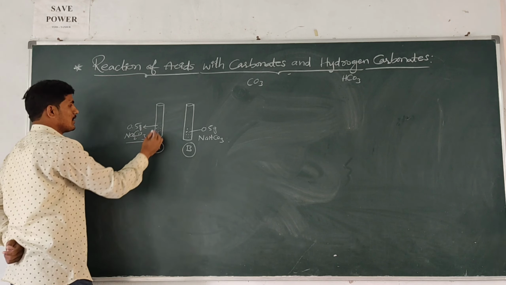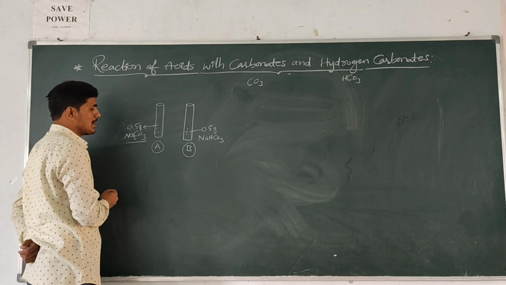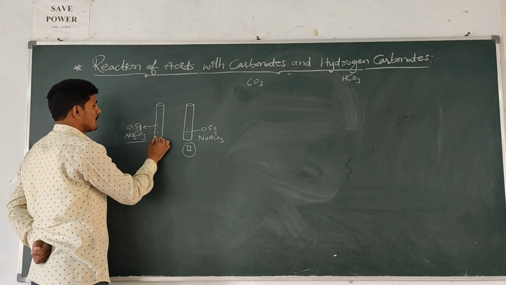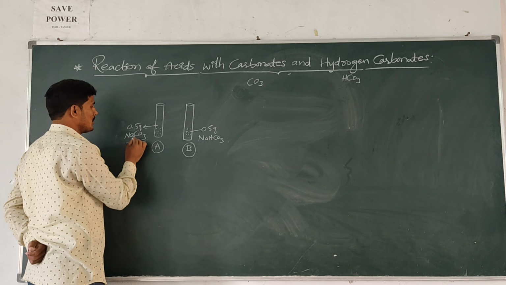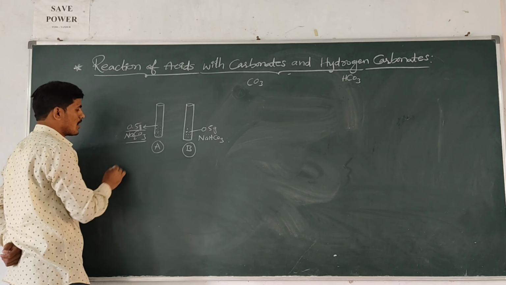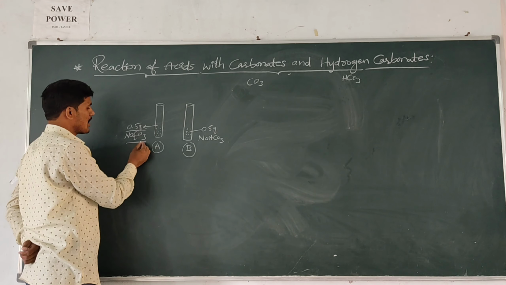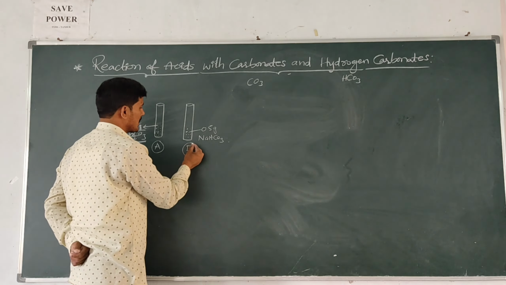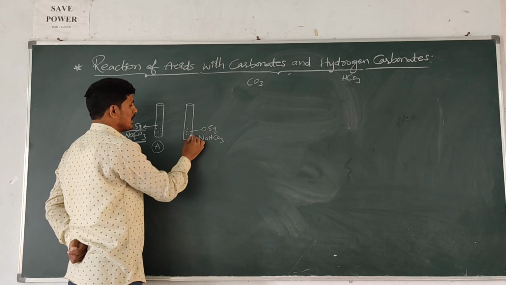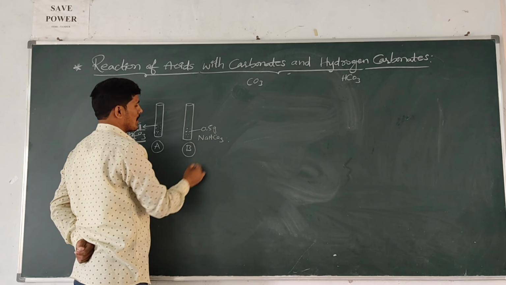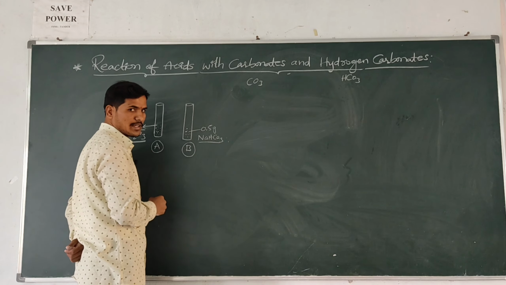Here take two test tubes and label them A and B. The first test tube is filled with 0.5 grams of sodium carbonate, and in the second test tube, B, take 0.5 grams of sodium hydrogen carbonate.